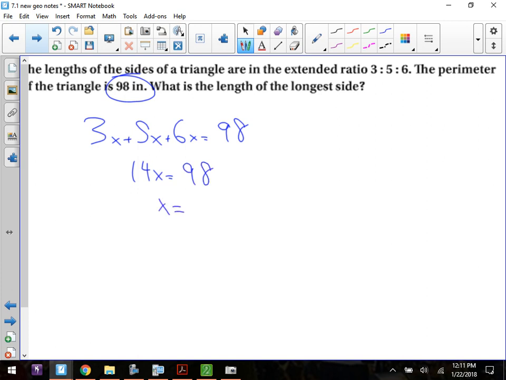What'd you guys get for x then? 7? Let's get 7 for x. Now, which one of those side lengths should be the longest one? The 6x. Because there's a 6, and that's bigger than 5, and it's also bigger than 3.